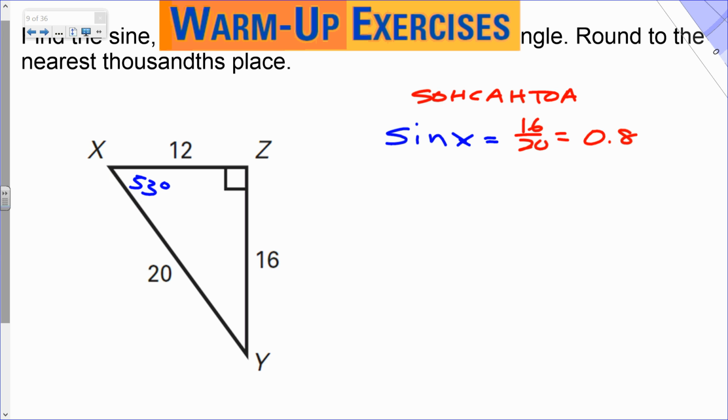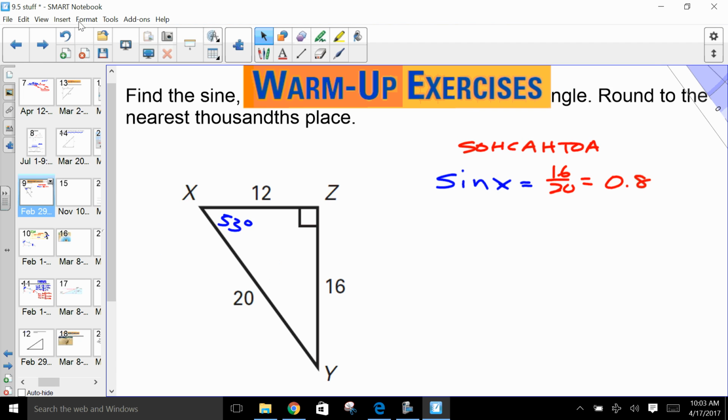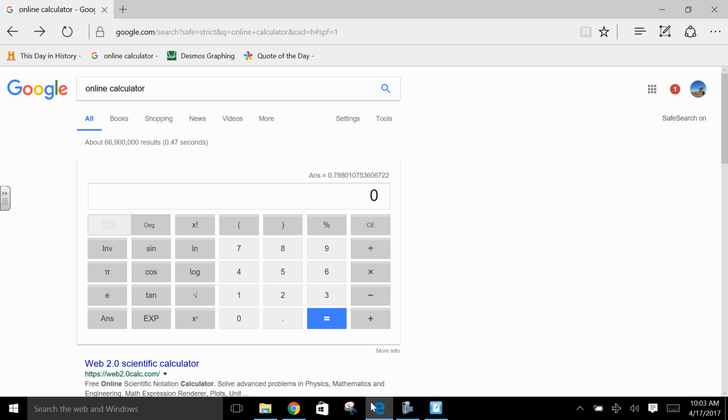Now on your calculator, make sure that you have the degrees button highlighted. In other words, you have radians, RAD, that's for pre-calculus, or degrees. You want to make sure degrees is shown like this. So make sure you do that on yours right now. Make sure you can see DEG, degrees, not RAD, radians. That's for pre-calculus, math 3. So degrees.